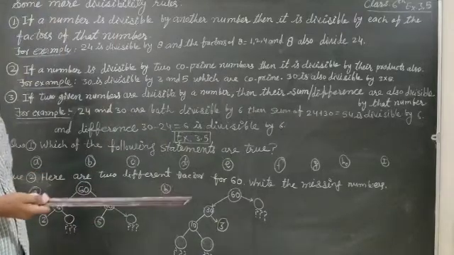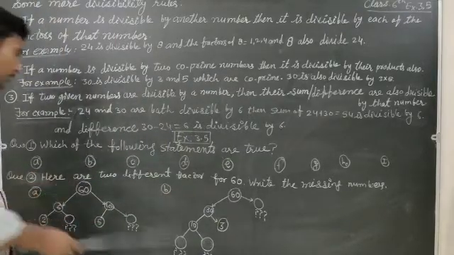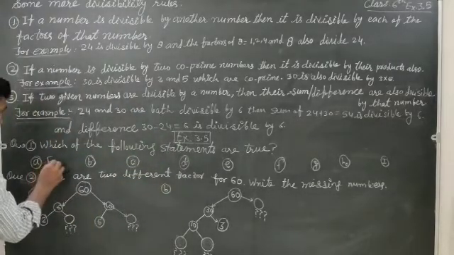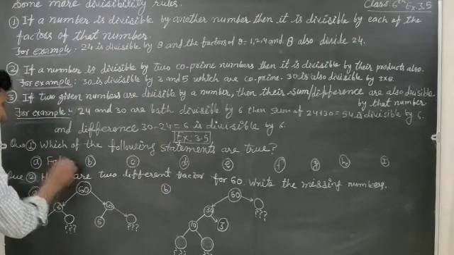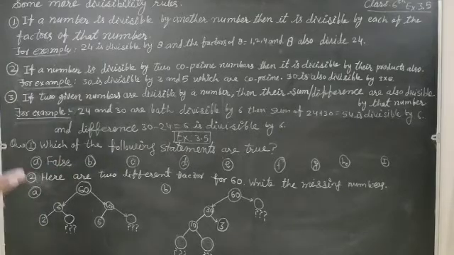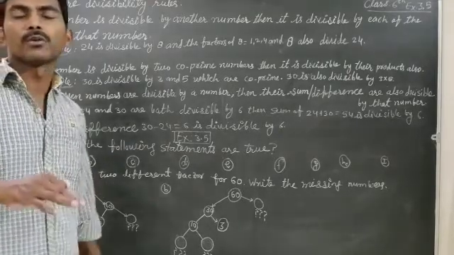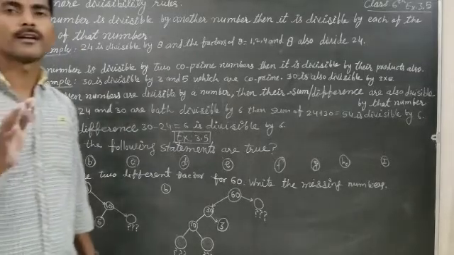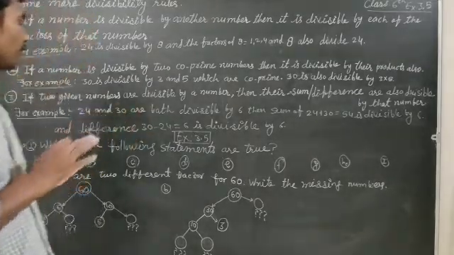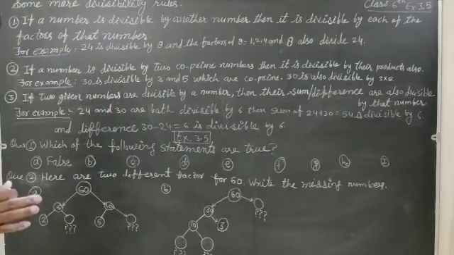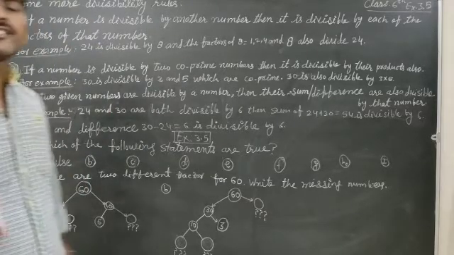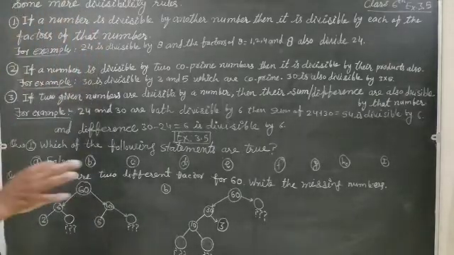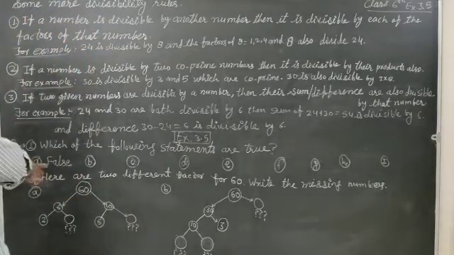It is not compulsory. For example, 12 is divisible by 3 but not divisible by 9. So this statement is false.